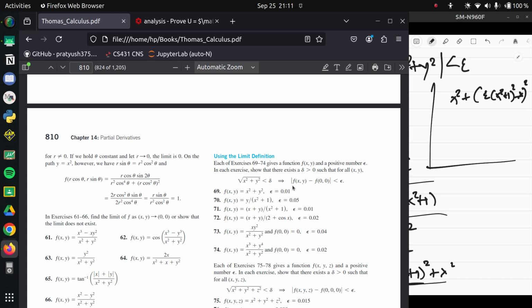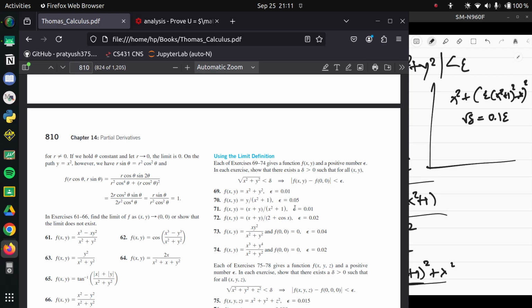Oh, I see. So what you can do is set delta in such a way that these numbers work out. The worst case value for x would just be delta itself, not square root of delta. It's more like it. So let's just say that square root of delta should be something like 0.1 epsilon.